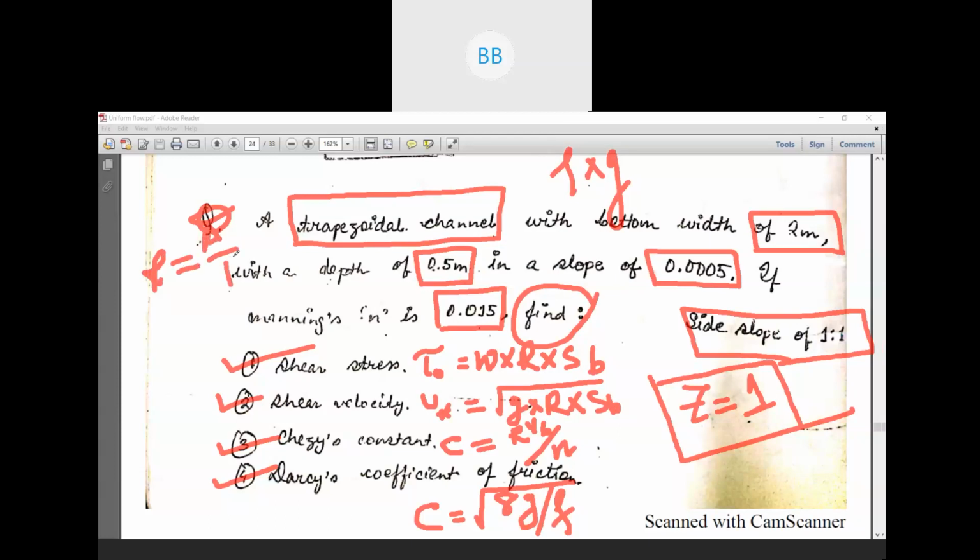So if that area and weighted perimeter is in meter, then this we also have to take 1000 kg per meter cube. Understood? So it's up to you. If you take 1 gram per cc, then you have to again convert into meter, because the other terms are in meter, or you have to convert this into centimeter. It's up to you. So first you just try to find out the shear stress.